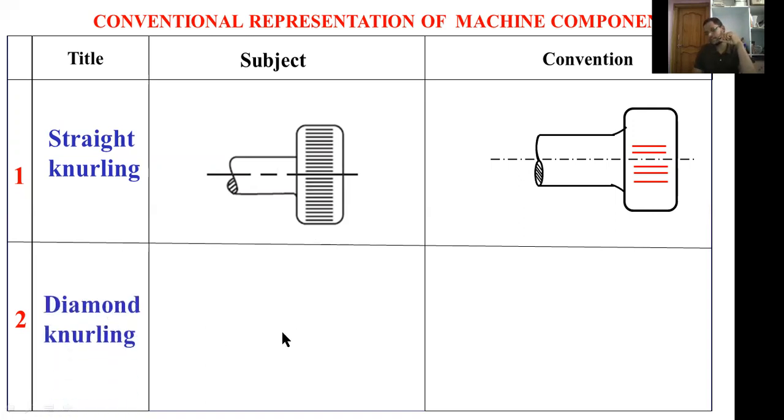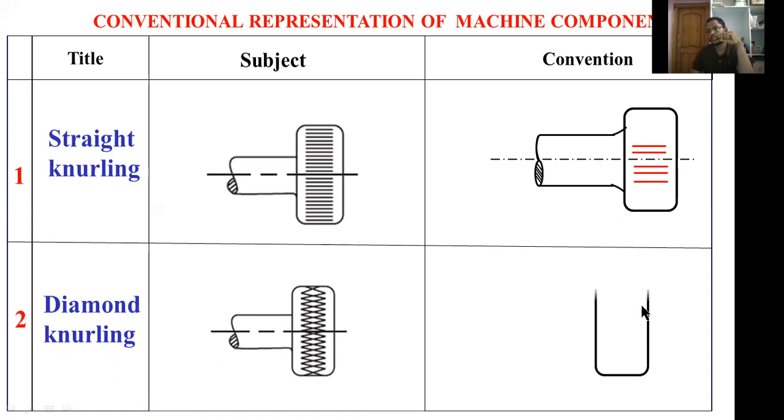Diamond knurling. How to represent diamond knurling? This is the actual shape of an object, but for convenience, how to represent this diamond knurling. Here also I am drawing this wheel first, the axis, and this is the shaft.